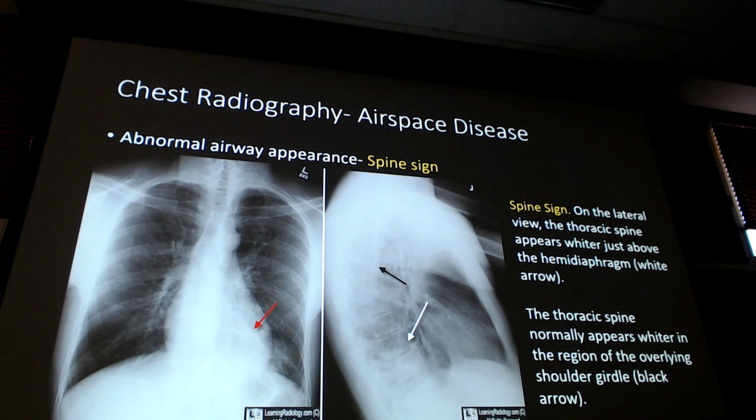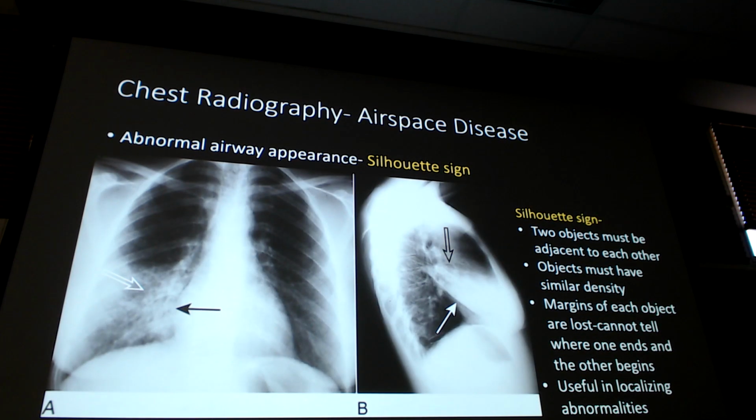Let's go back to this one right here. See how the right atrium is nice, clear cut, and then I have lung tissue right after it, okay? But then when I go into this, where does that right atrium end, and where does my lung tissue start? I can't really tell. So that is a silhouette sign.